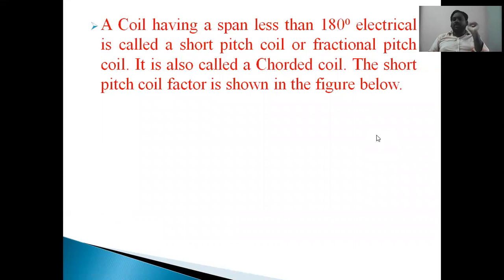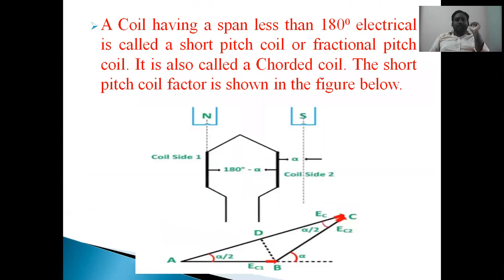Short pitched coil means the coil span of the coil is less than the pole pitch. Coil span means the distance between two coil sides. Pole pitch means the peripheral distance between two adjacent poles.